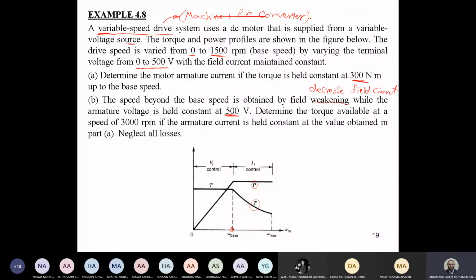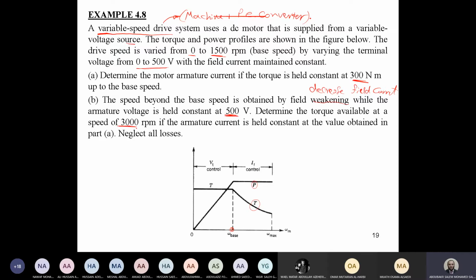Because if we fix the power now and we increase the speed, the torque will be decreased. So the target here, higher than the base speed, is to get a certain value of speed, whatever the value of torque. For that, it's stated here, find the available torque, because we will fix the machine power. For that, we have a speed of 3000 RPM.